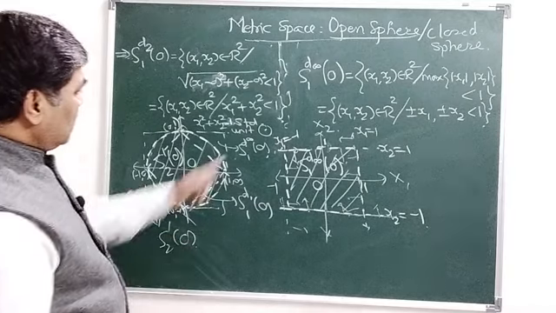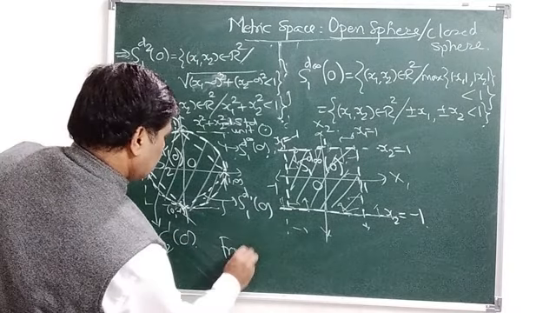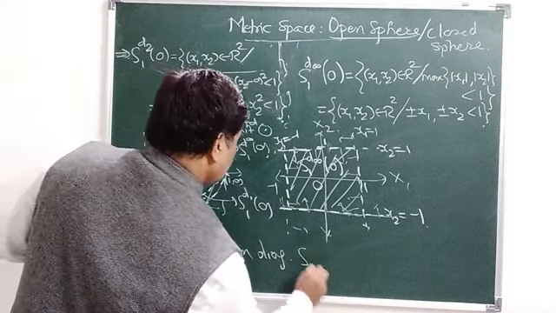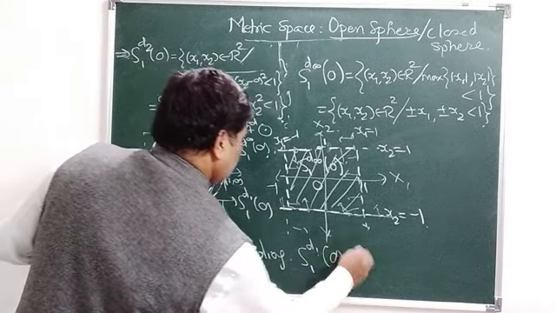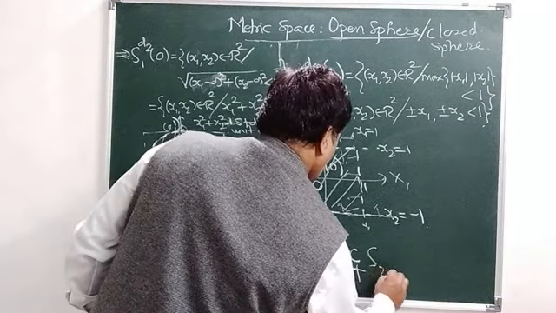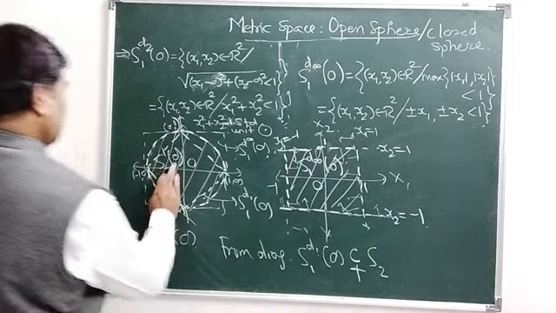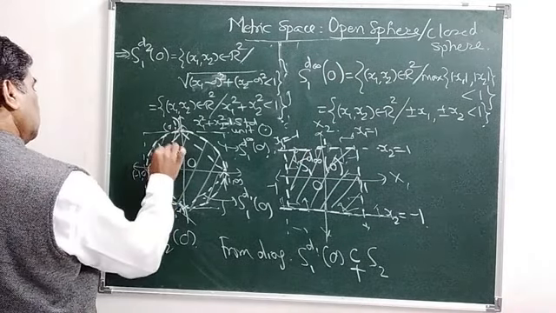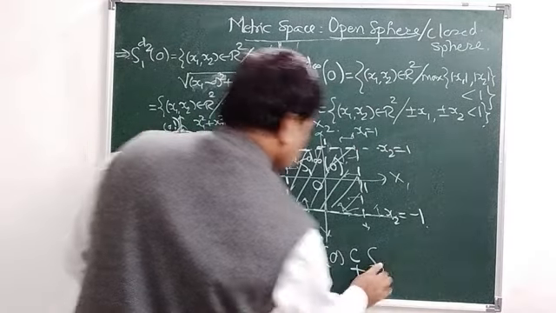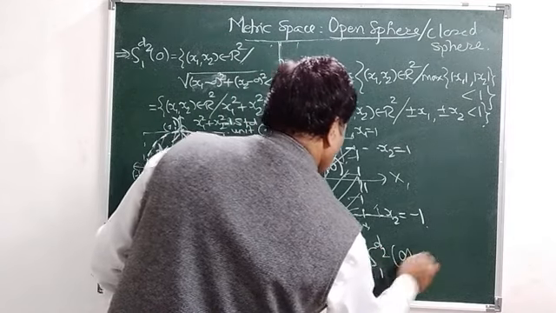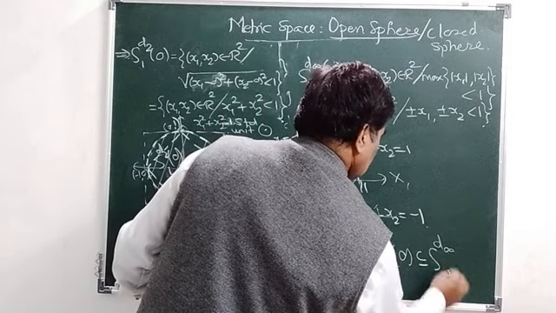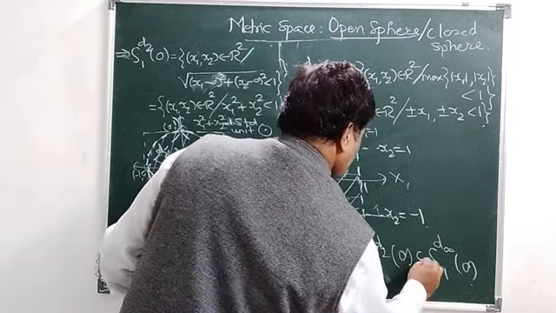So you can observe from the diagram that S1 D1 0 is a proper subset of S1 D2 0, which is a subset of S1 D infinity at 0, which is also a proper subset.